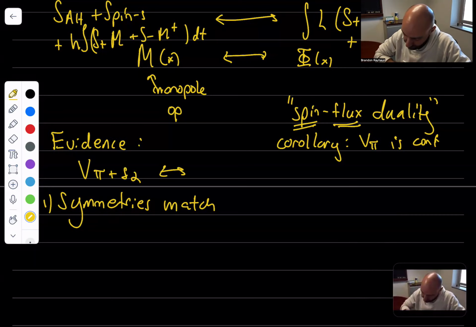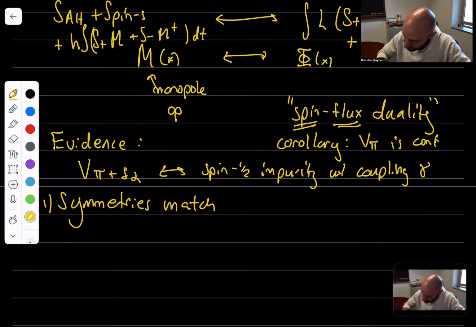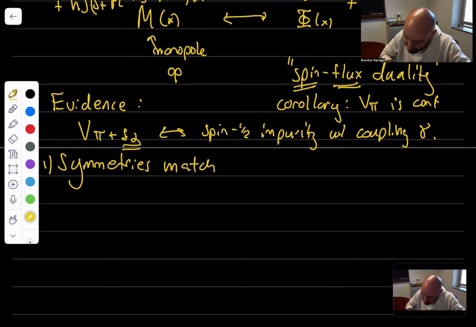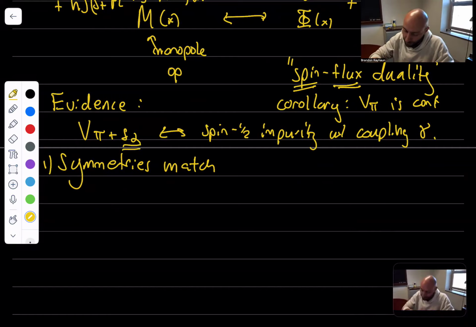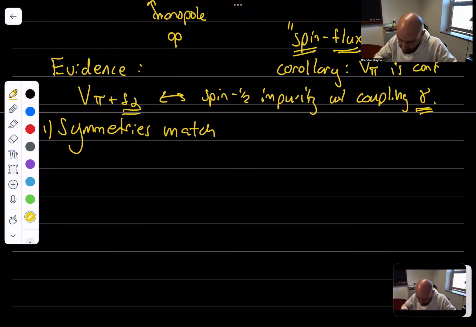Actually, a stronger version of the spin-flux duality conjecture is that this maps to the spin 1/2 impurity with coupling gamma, and the coupling gamma is related to delta alpha in some way. So the content is that modifying the holonomy of the vortex line corresponds to tuning this coupling gamma away from 0. So the symmetries match.